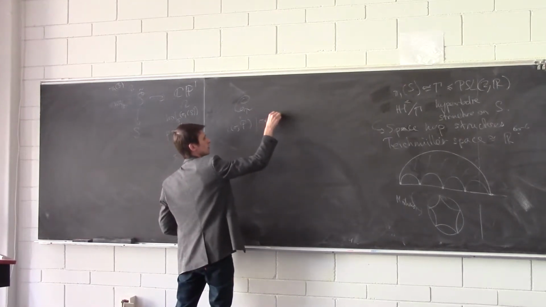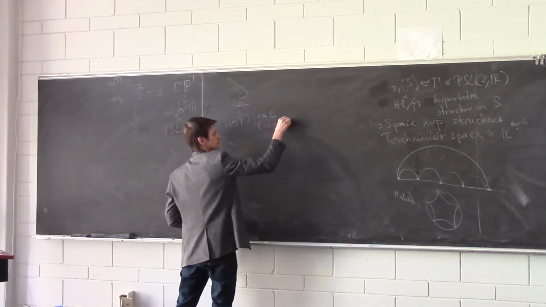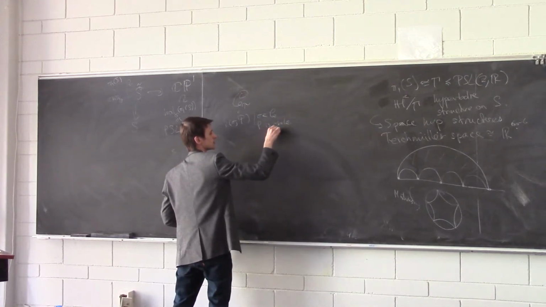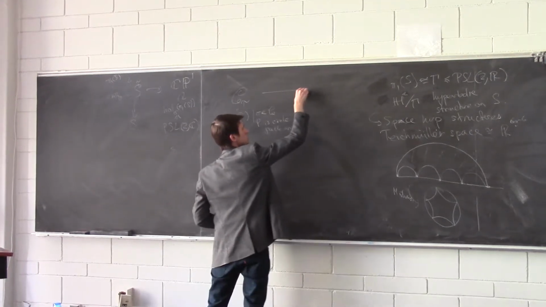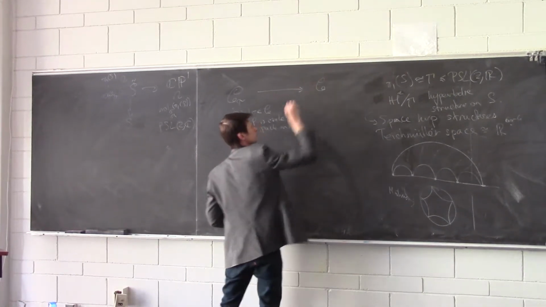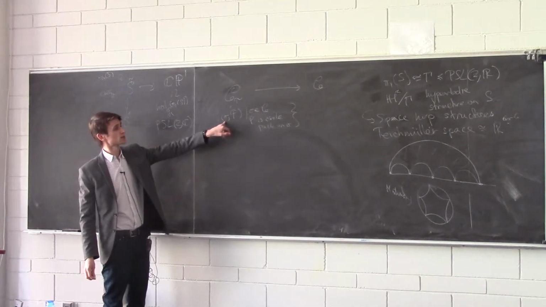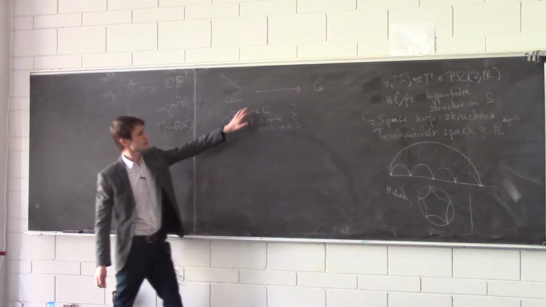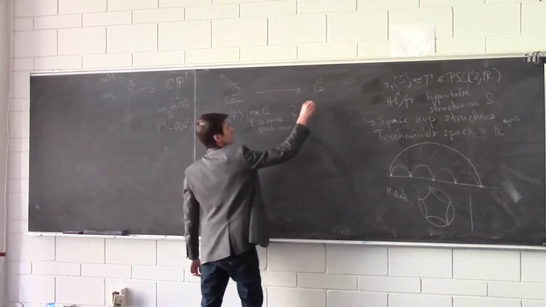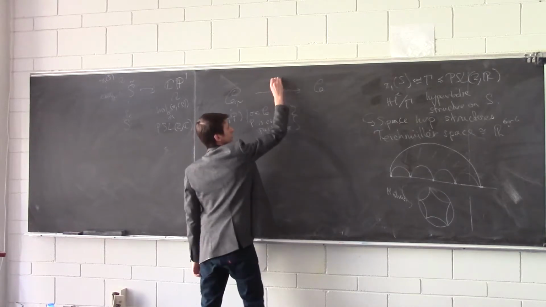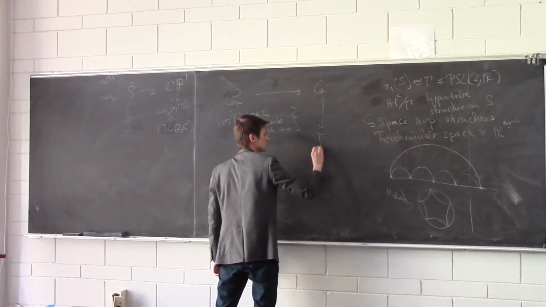Sigma is an element of this, and P is a circle packing. And one thing we can do is just take this and forget this part, just look at the complex projective structures. So we can consider this map, projection onto the first factor, right? Oh, yeah, let's not give it a name. And then we can take this and go down to Teichmüller space.